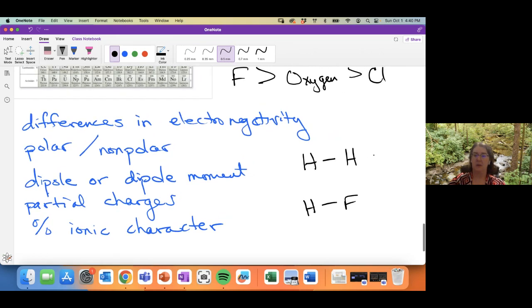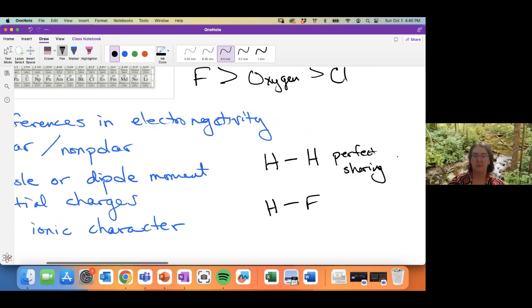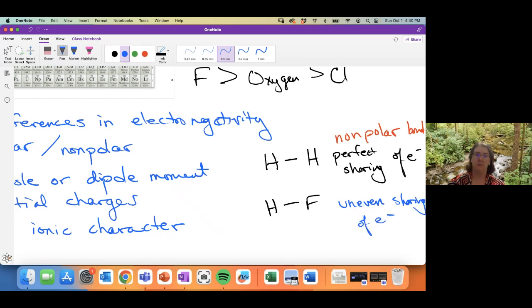Either you have perfect sharing of electrons, which we refer to as nonpolar, or a nonpolar bond. Or you have uneven sharing of electrons. We refer to this as a polar bond.